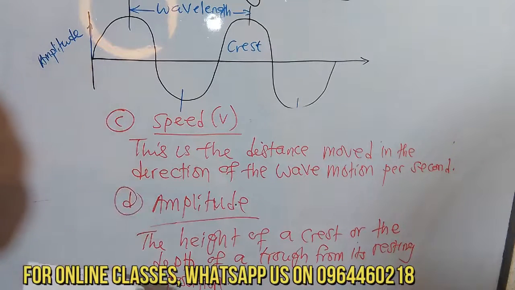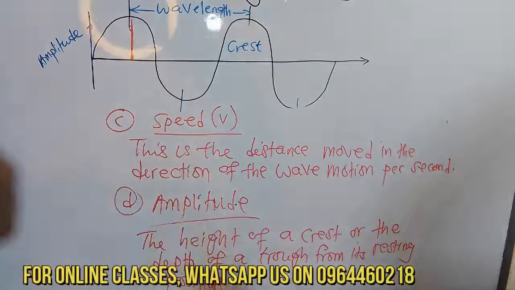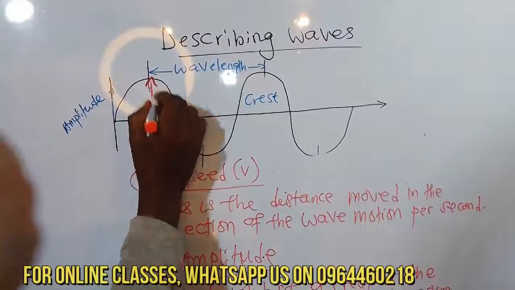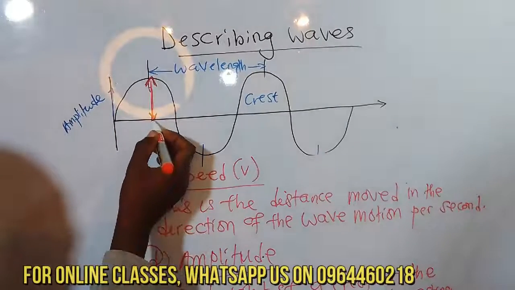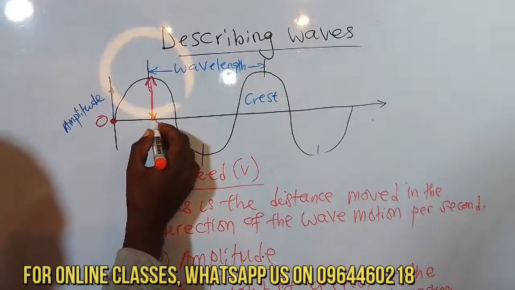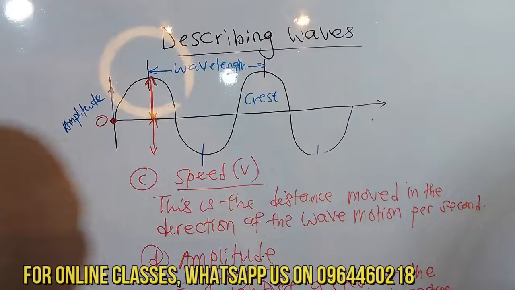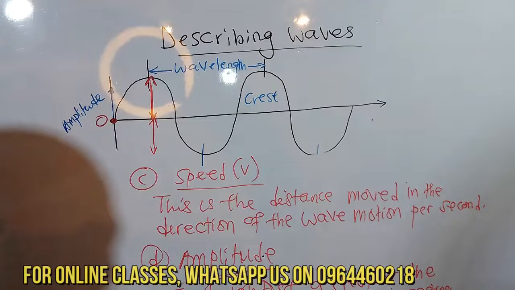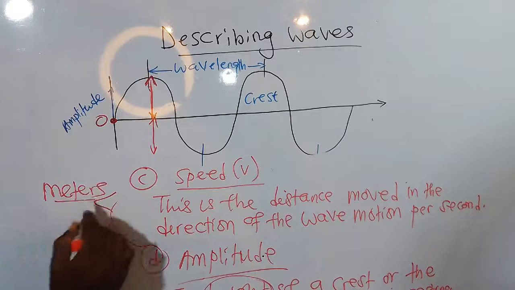So you can see like this, from this initial zero point up to this point, this is the maximum height, or the minimum, so it can be either downward or upward. The unit for the amplitude is just meters.